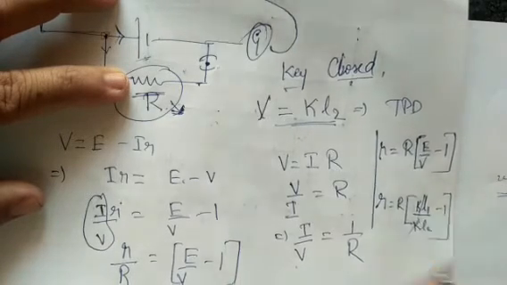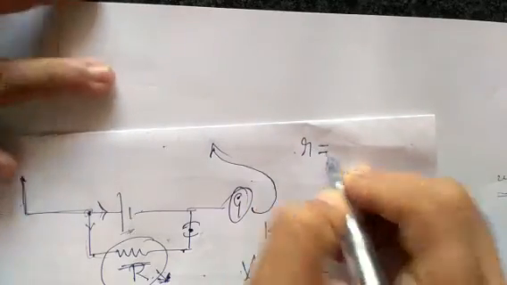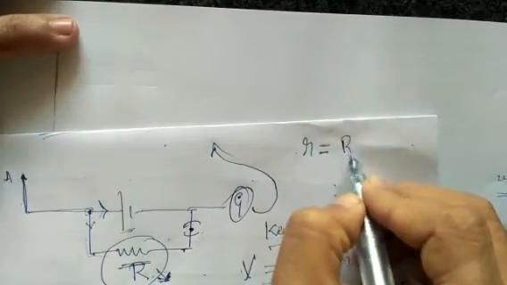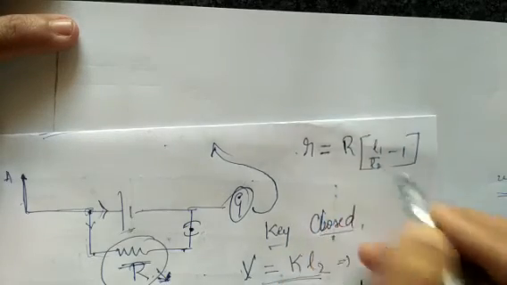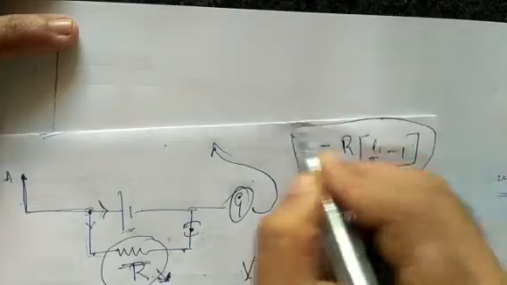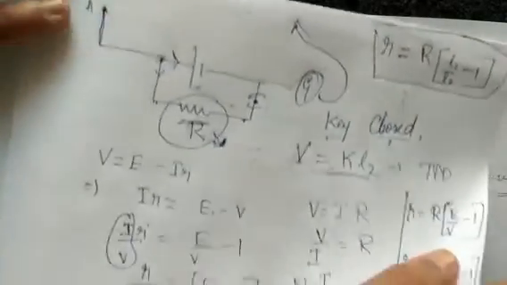So K and K get cancelled, and the ultimate equation to identify the internal resistance of a cell is given by r is equal to R multiplied by L1 by L2 minus 1. So this is the equation corresponding to the internal resistance of a given cell.